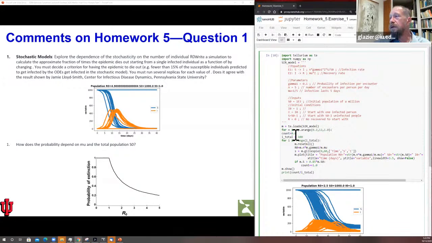So we'll make n in np.arange. We'll have to indent everything here.